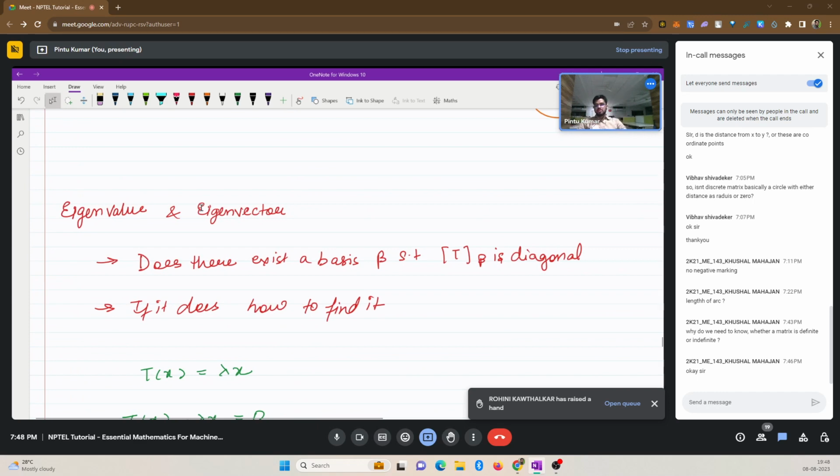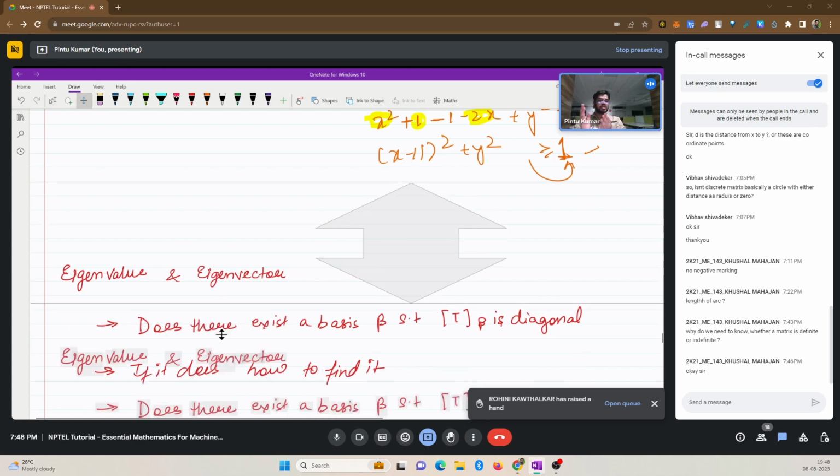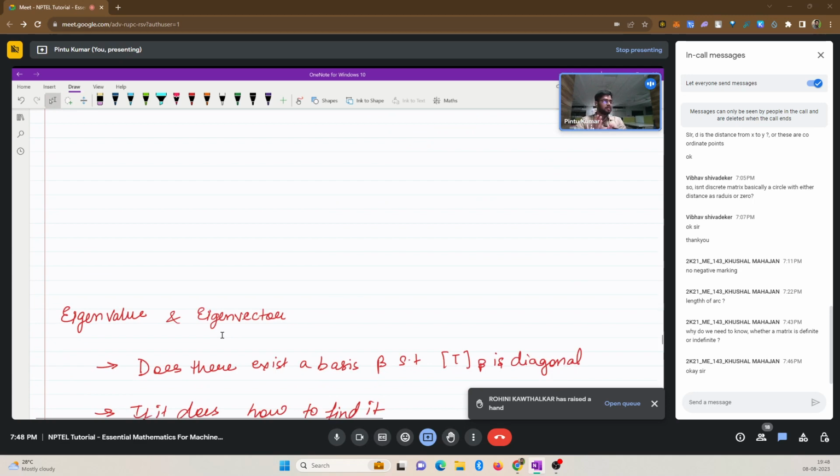Okay. So one very small thing. This linear algebra we are studying in context of using it for machine learning, but the way this thing started was that people wanted to solve a system of linear equations.